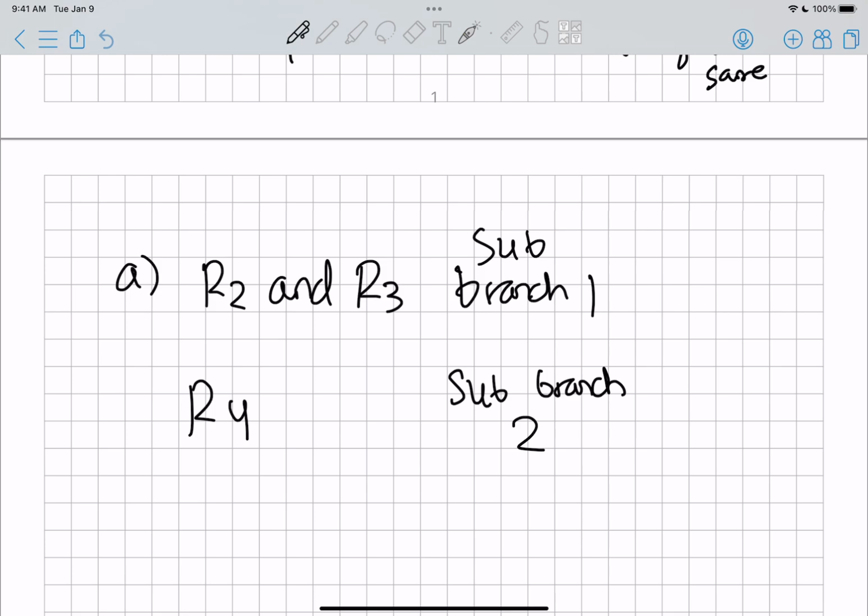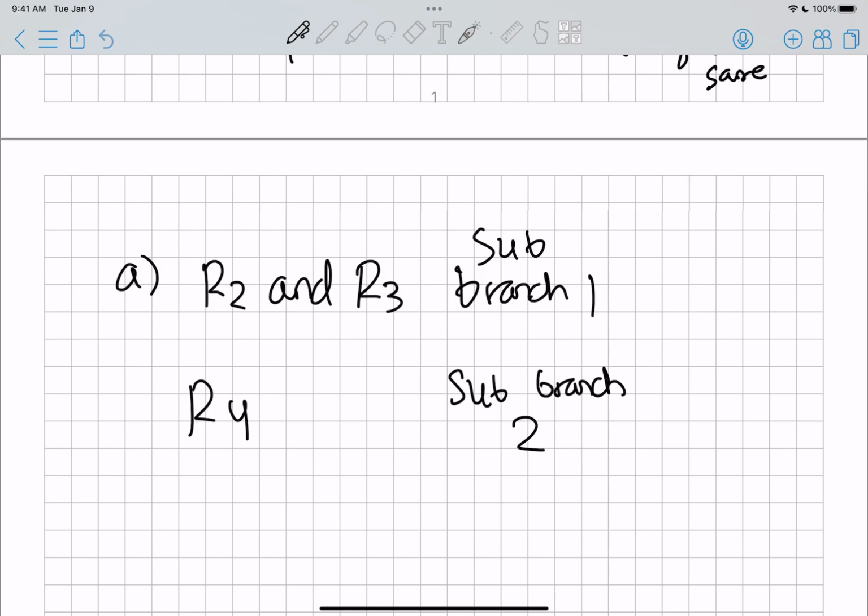Which resistors are in parallel with each other? What can you say properly about which resistors are in parallel with one another? Yes, so R2 and R3 are in parallel with R4.